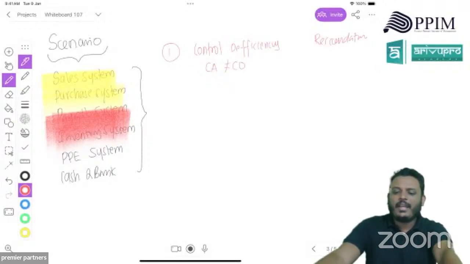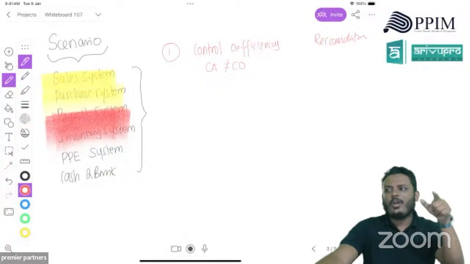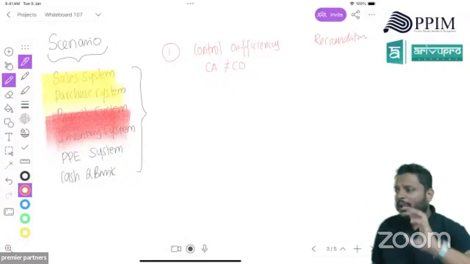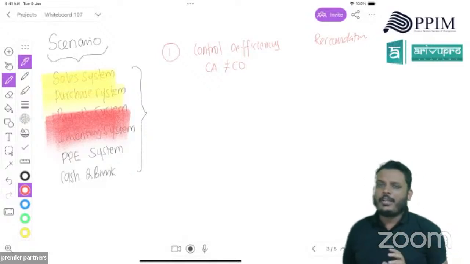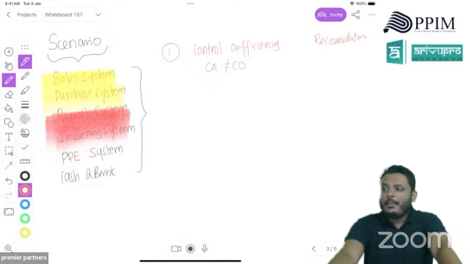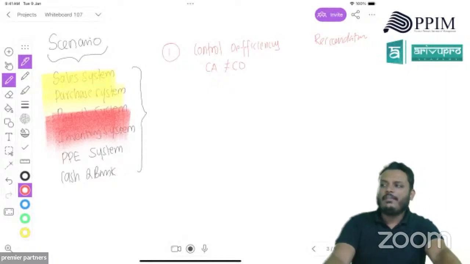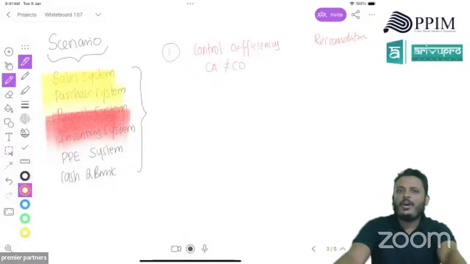CCTV, what is the control objective? Supervision. So when control activity, CA, equals control objective, CO, that control we call effective control.